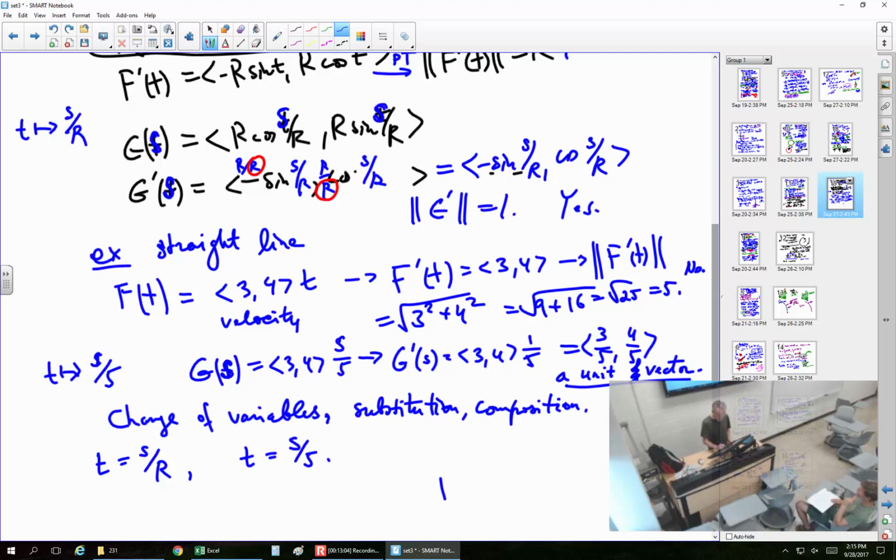We're looking at f, which takes time t to position, of any dimension, and then we're composing it with another function, let's say it's g, another parameter.